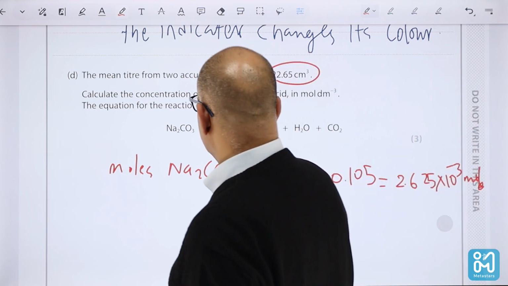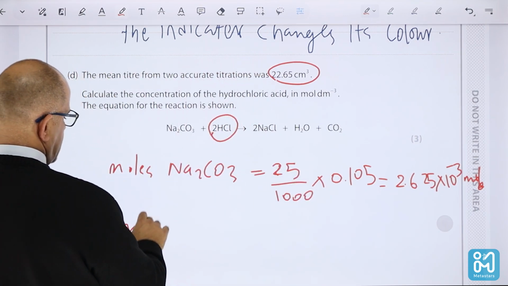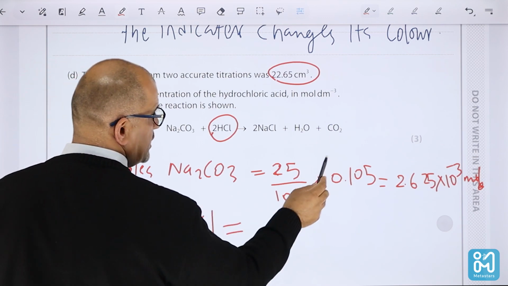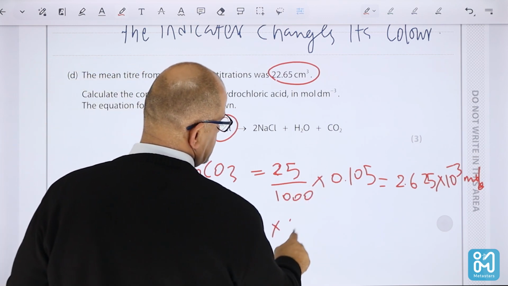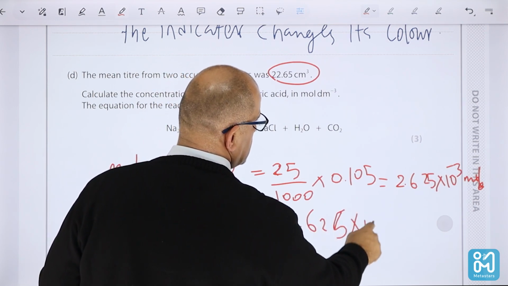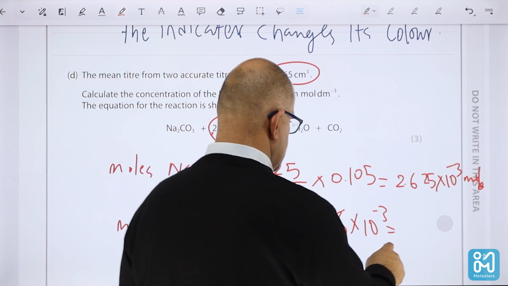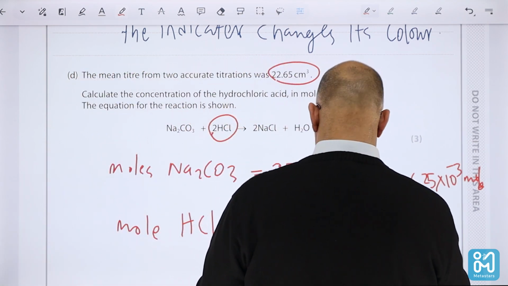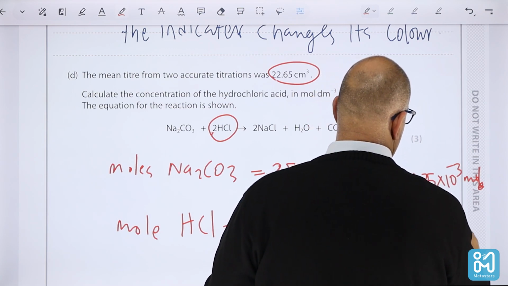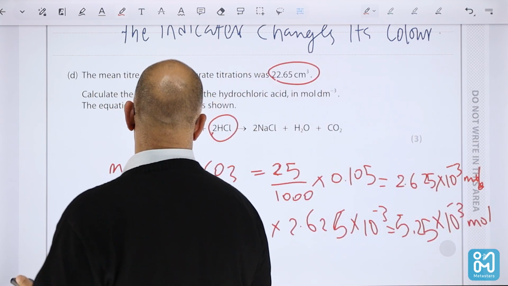Now to find the moles of the hydrochloric acid, this is multiplied by 2 moles of HCl. It is 2 times our answer. That's how much? It is 5.25 times 10 to the power negative 3 mole. And then you divide it.